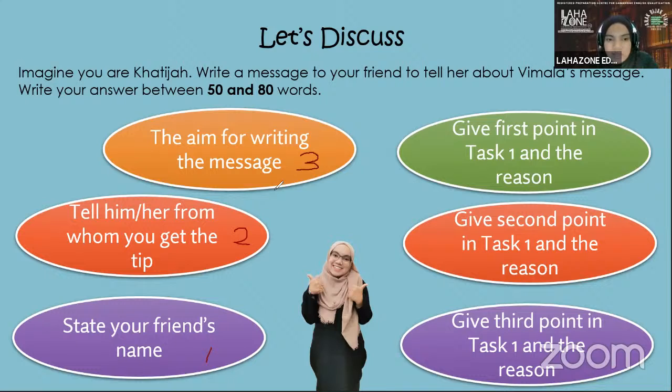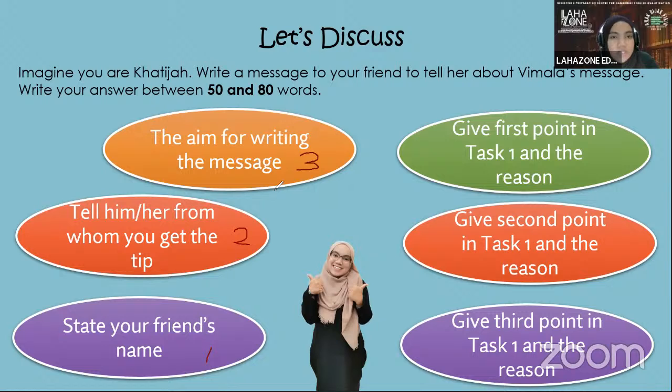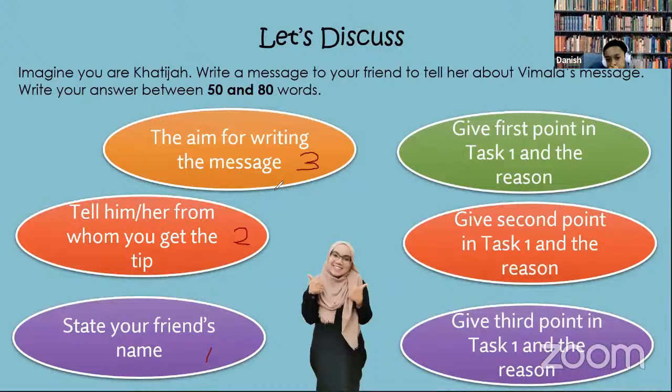So Danish pun bagi tahu dia apa tujuan Danish tulis surat ni. Adakah untuk tanya khabar sihat ke ataupun nak bagi tahu tentang tips yang Miss Rafizah bagi? Faham? That's number 3.